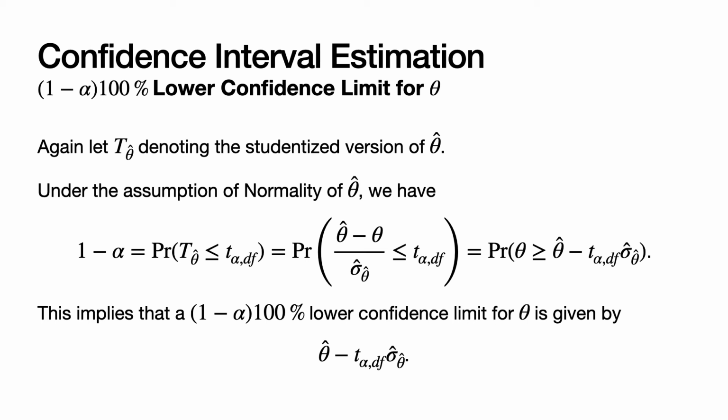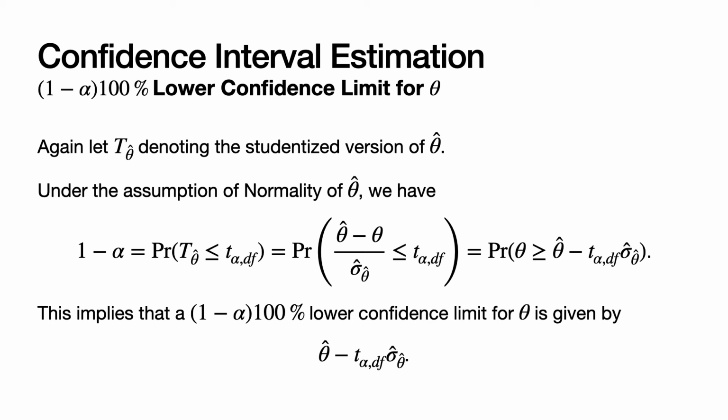Then under the assumption of normality of theta hat, we have the following string of equal quantities. 1 minus alpha is equal to the probability that the studentized version of theta hat, capital T sub theta hat, is less than or equal to t sub alpha comma df, where t sub alpha comma df, again, is the upper alpha percentage point of the t distribution with df degrees of freedom.